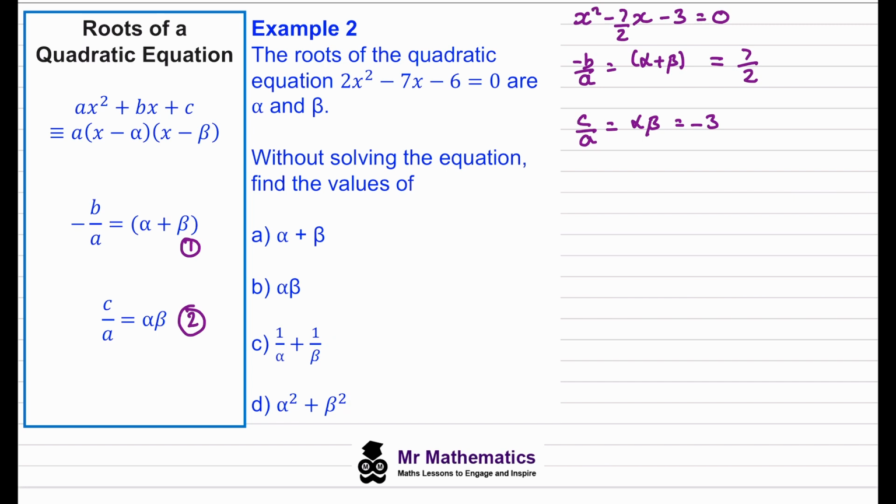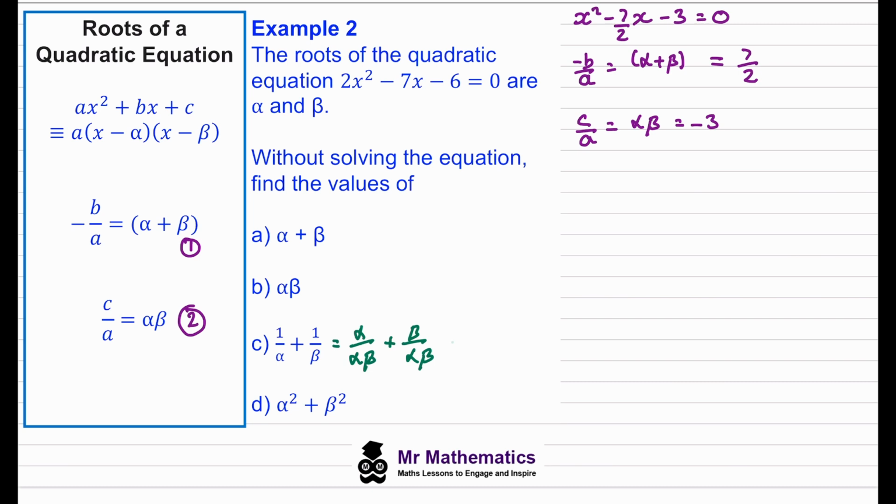To work out 1 over alpha plus 1 over beta, well, we can write this as alpha over alpha beta plus beta over alpha beta. You can see that these alphas will cancel, and we'll have 1 over beta, which is this term. And these betas will cancel, and we'll have 1 over alpha, which is this term.